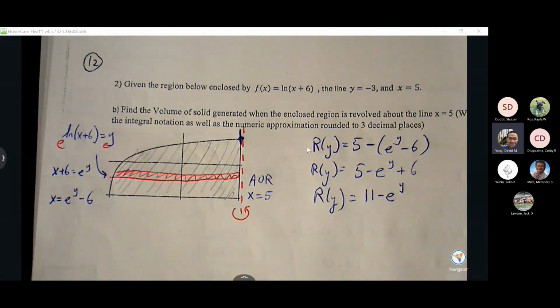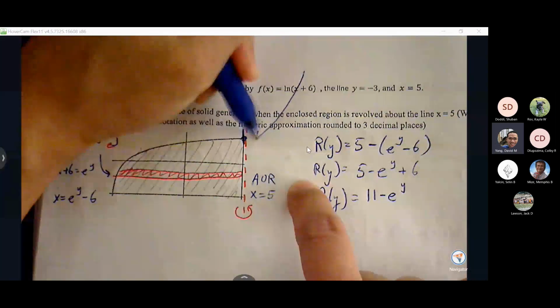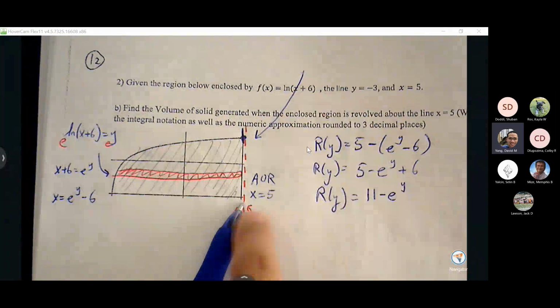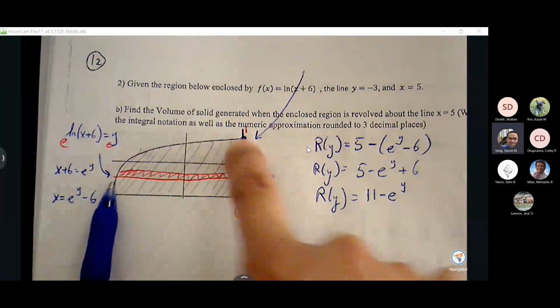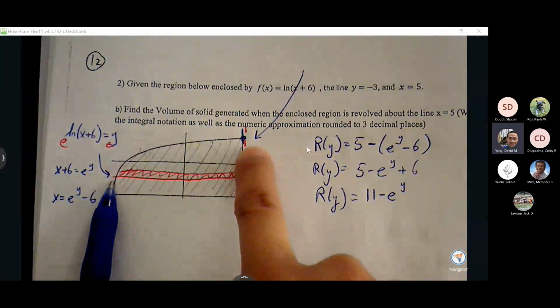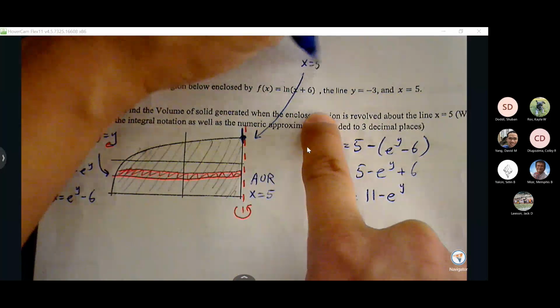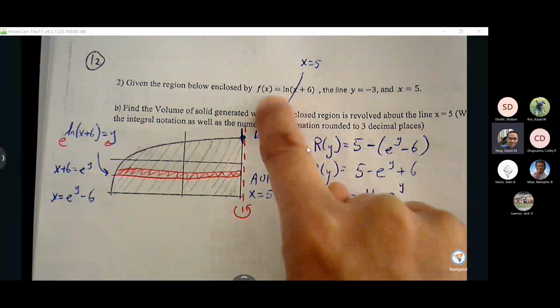There's an easy way to do this, and that is just plugging 5 into the curve, right? Because we're talking about an x value of 5 on the curve. So if I just plug 5 in for natural log of x plus 6, I can get that y value.